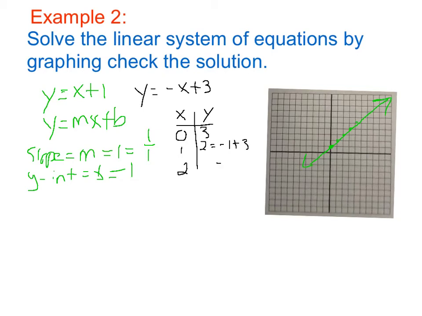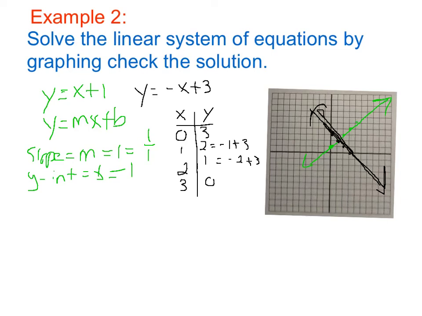If I put a 2 in there, that gives me negative 2 plus 3, which is 1. And you see a pattern: as x increases by 1, y decreases by 1. So if I put a 3 here, I would suspect that would be 0. And if we graph those points, (0, 3), (1, 2), (2, 1), (3, 0), draw a line through them. Line's a little off there.